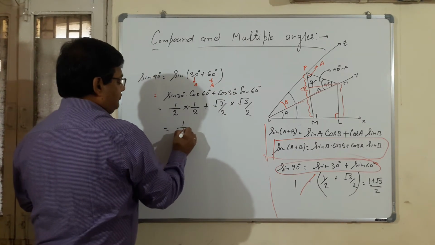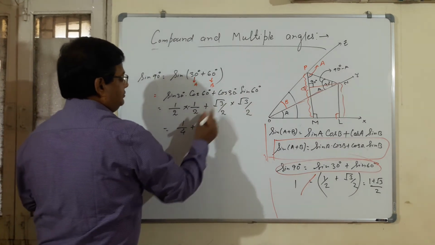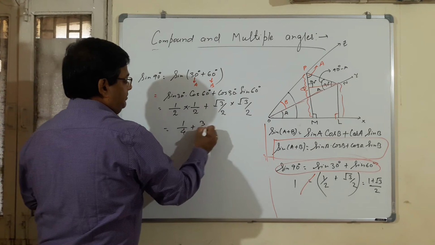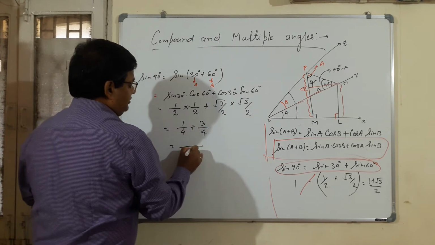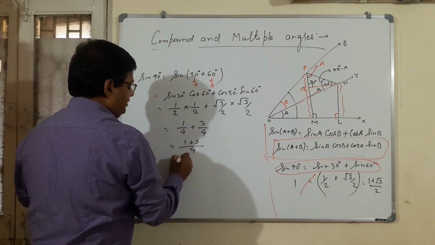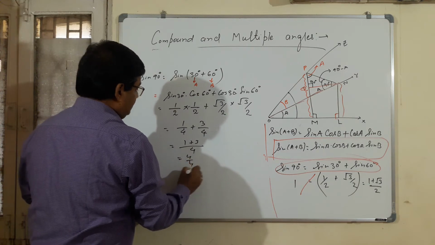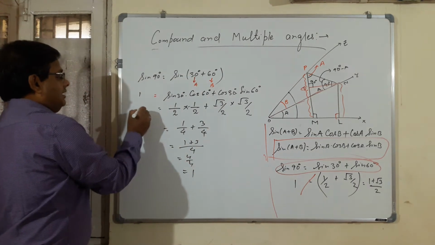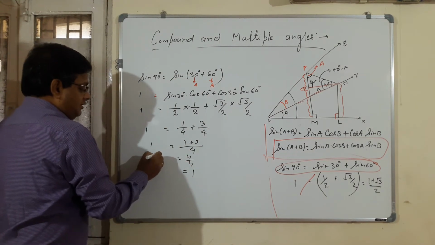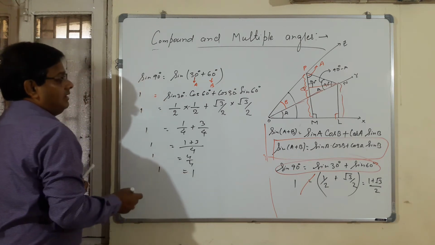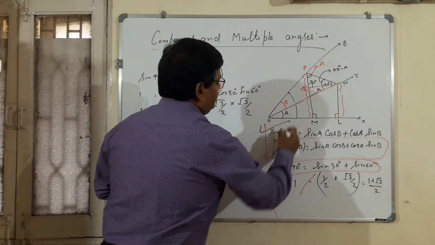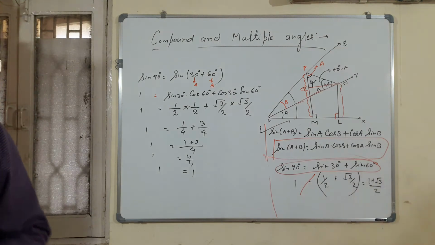So 1 by 4, here root 3 into root 3 gives 3 by 4, so LCM is 4, 1 plus 3, 4 by 4 is equal to 1. So LHS and RHS both are equal, hence this formula is satisfied.